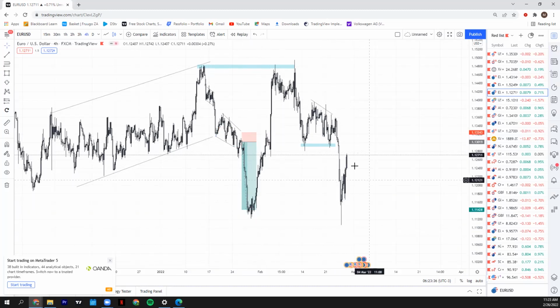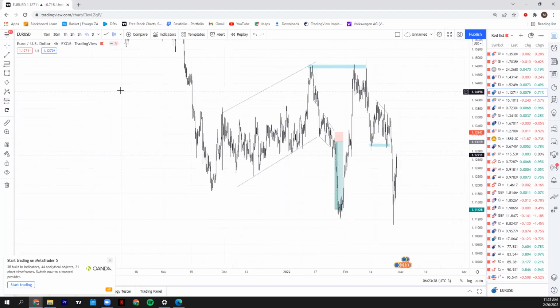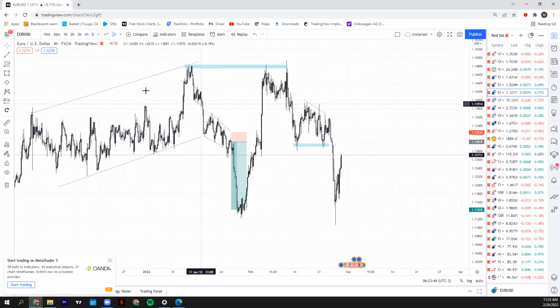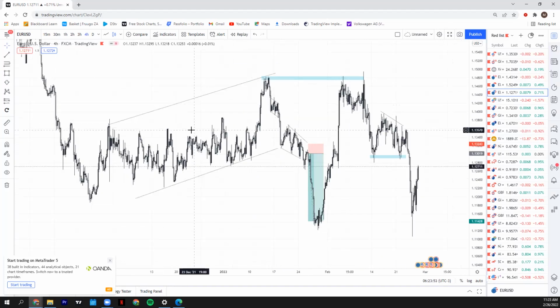So that was our take profit, and all these euro pairs this week definitely influenced gold and silver. So I felt the need to show these currencies because they just went hand in hand with the gold.